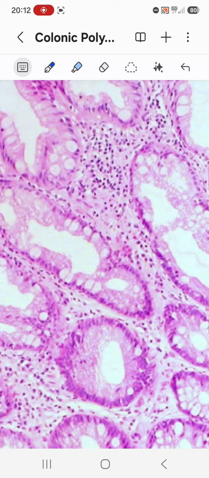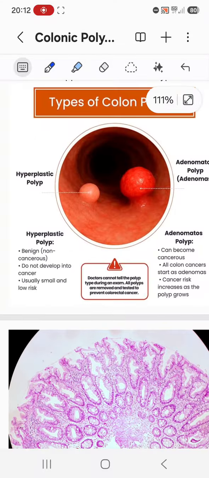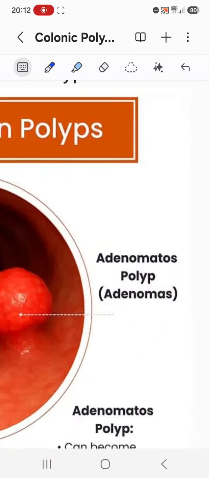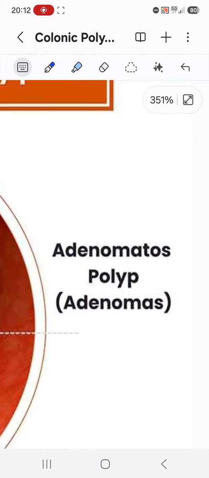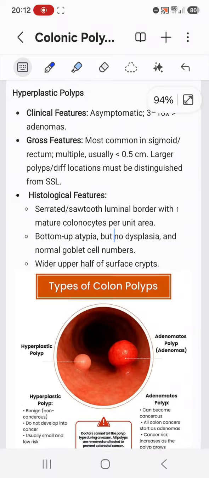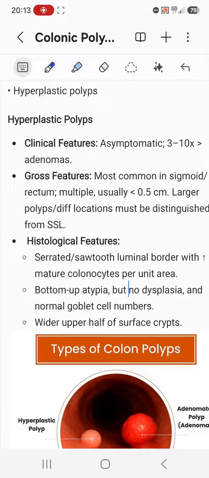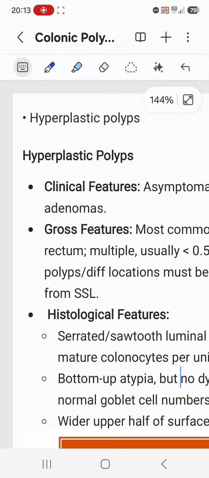However, you will find no dysplasia, because if you do find dysplasia, then it becomes an adenomatous polyp, or a sessile serrated lesion. Whatever it is, that is in the specific definition of hyperplastic polyps.